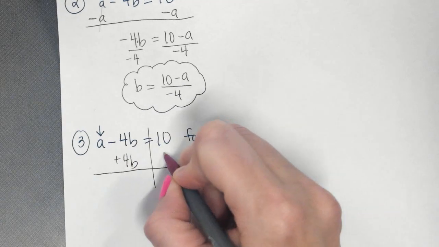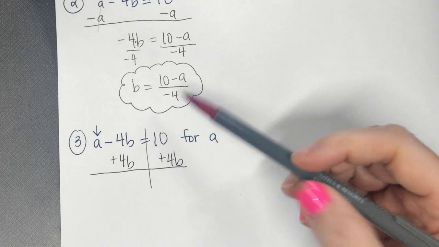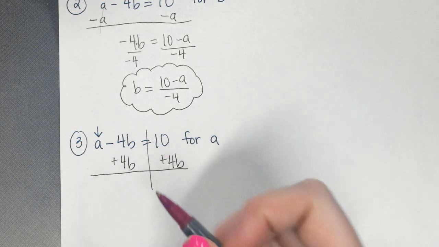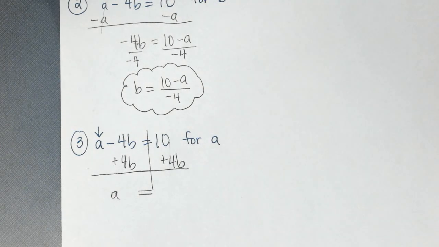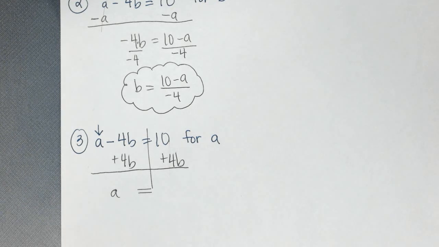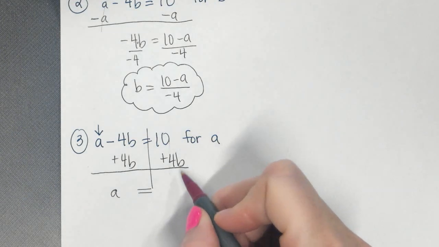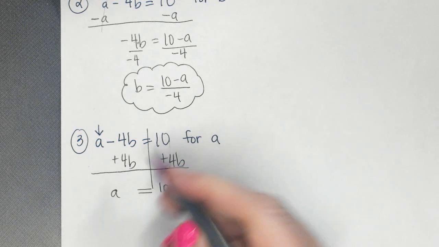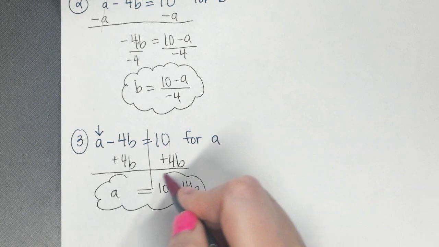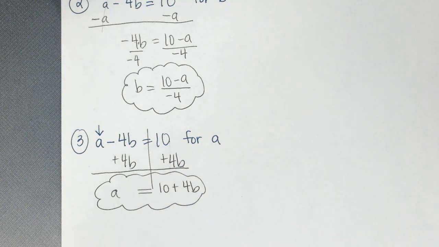Plus 4b, plus 4b. Now, Bree, can I add those two together? Why not? Yeah, one has a variable, one doesn't, right? So you can just leave it as 10 plus 4b. You could also write 4b plus 10.